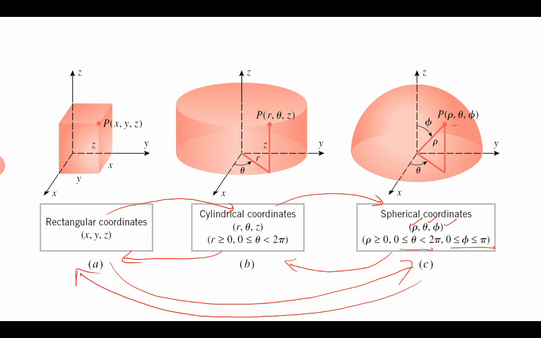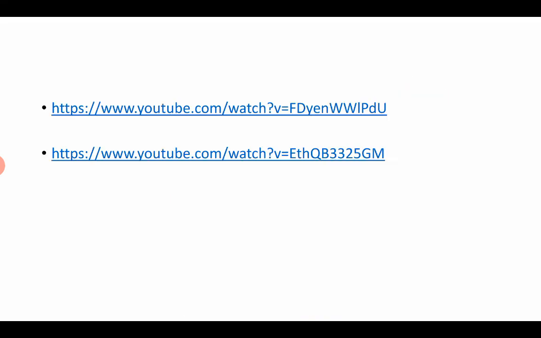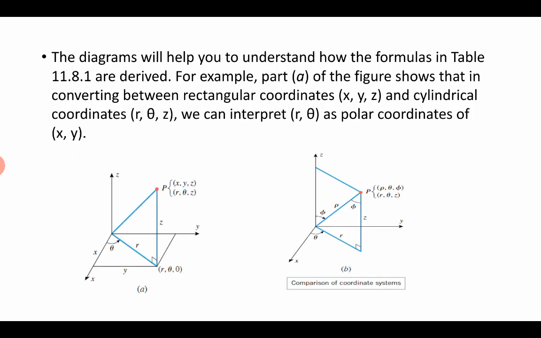There are 6 different formulas that we are going to derive in the beginning of this chapter. Let's have yet another graph now to derive these formulas. You can go through these 2 videos to find more graphics about the 3-dimensional space of cylindrical and spherical coordinate systems.